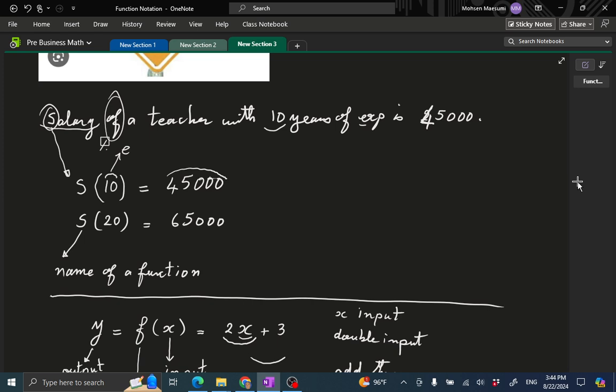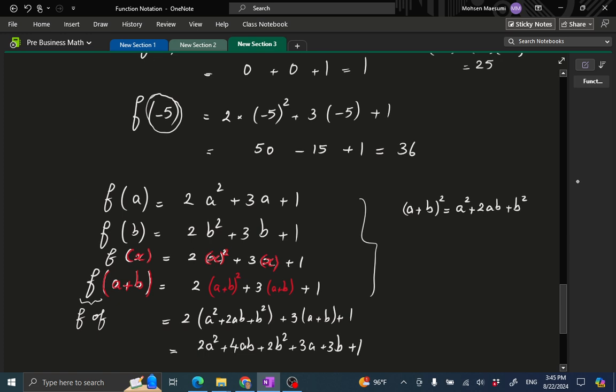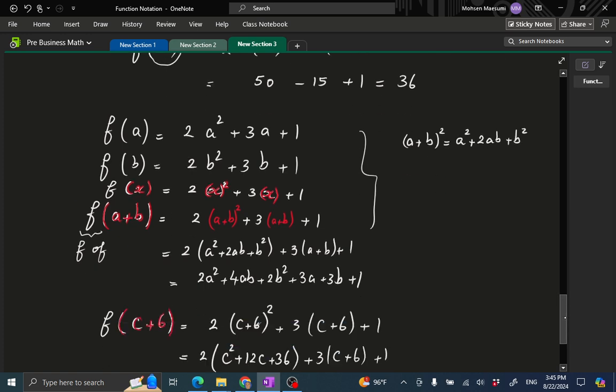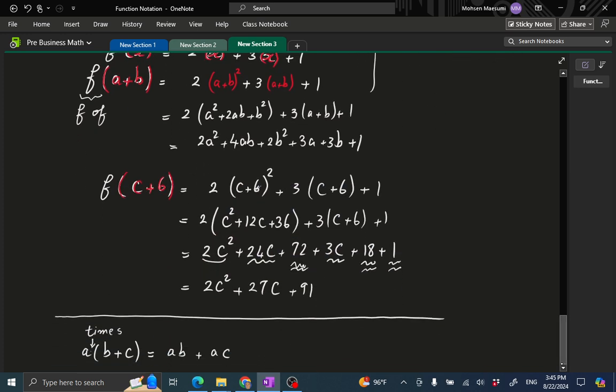So s is not a number there. s is some column in some information or Excel sheet that you're looking at. For example, you're looking at the salary of a person. So the input is some number for years of experience. That one is the particular data that you're looking for.